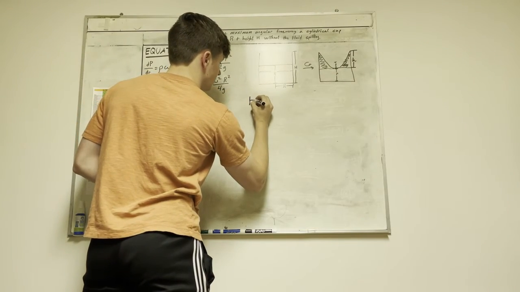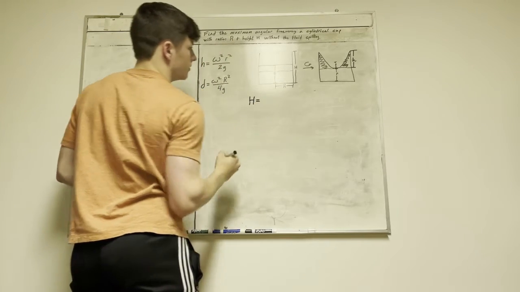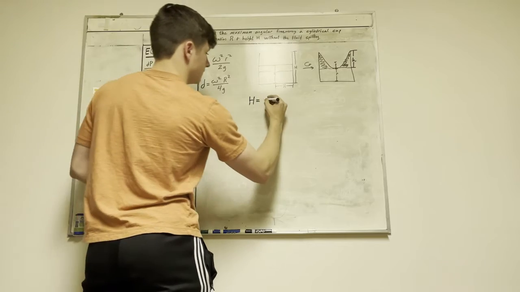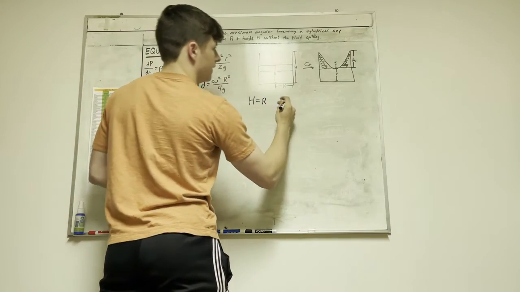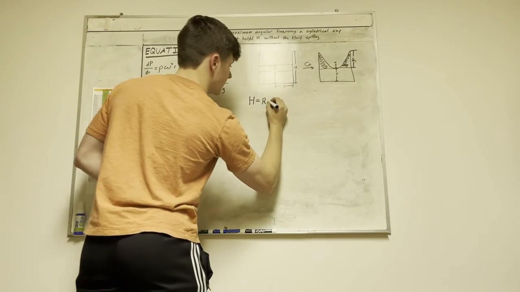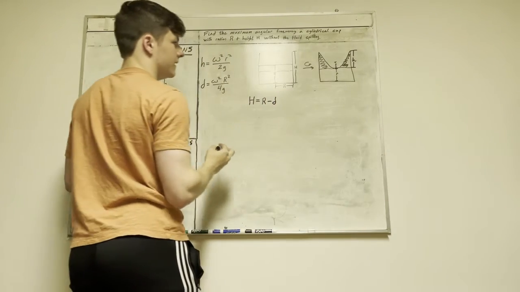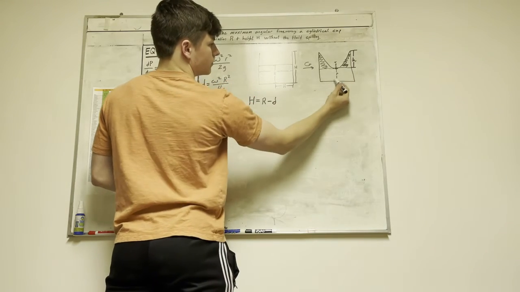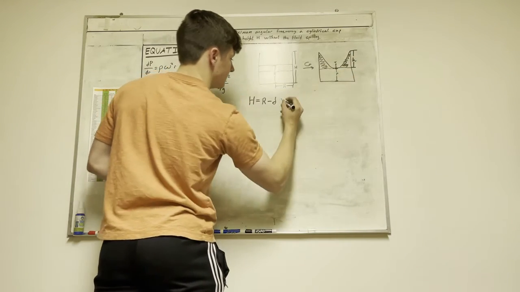So we have h is equal to this radius r, and we're going to subtract the dip, so minus d, and then plus this height at this radial position here.